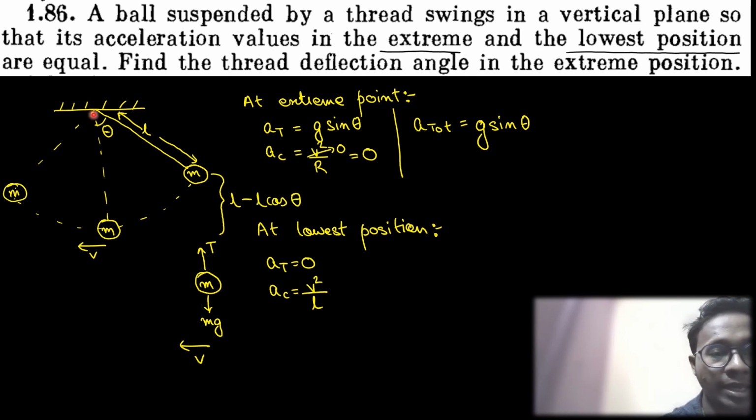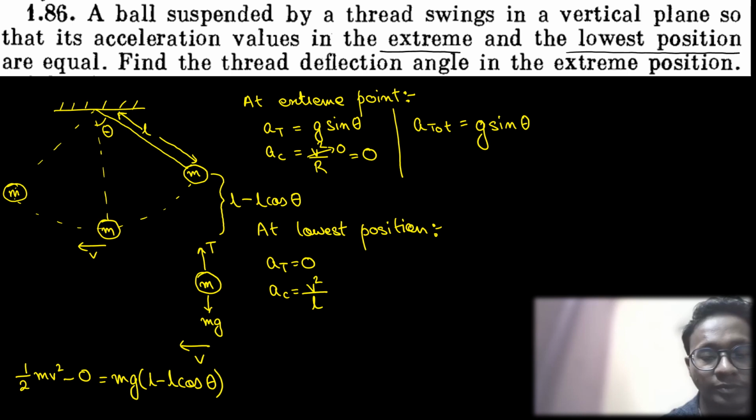So half mv squared, that is the kinetic energy at this point, minus 0, the kinetic energy at this point, is equal to mg times L minus L cos theta. The work done by gravity is only from this much to this much, no?